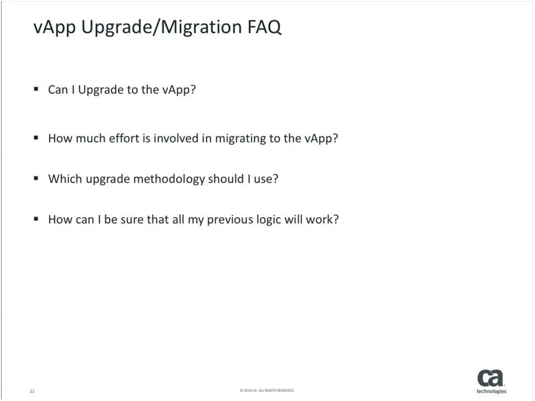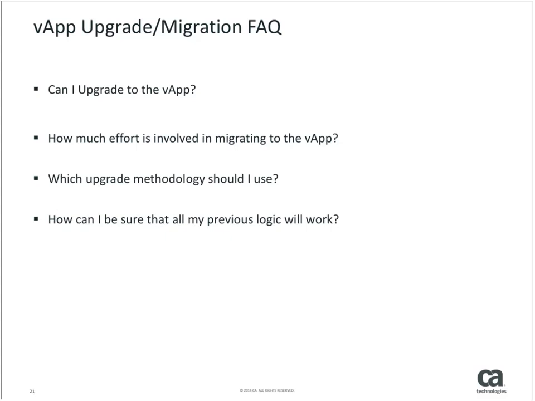How much effort is involved in migrating to the virtual appliance? It's all per use case. Depending on how complicated your solution is, how many attributes you're managing, and how many endpoints you're managing, that will drive the decision and the effort involved. So again, I recommend that you open a support ticket or reach out to your account manager to see if we can do a health assessment and come up with some sort of level of effort.